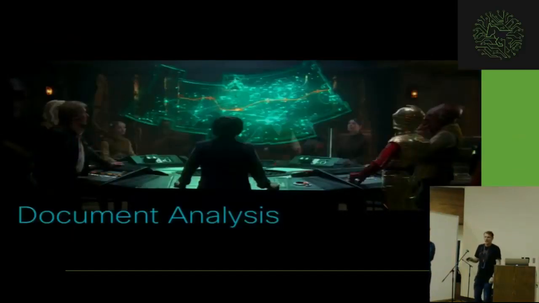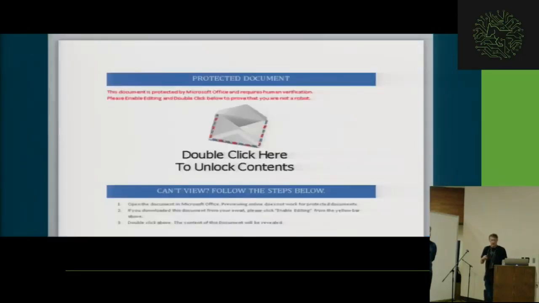So document analysis, let's actually dig into a document and look at it. The nice people at Cisco made me this beautiful graphic, so I'm just going to move through each component of this document using this graphic. This is an RTF document, which you can see up here. This is what the document looks like.